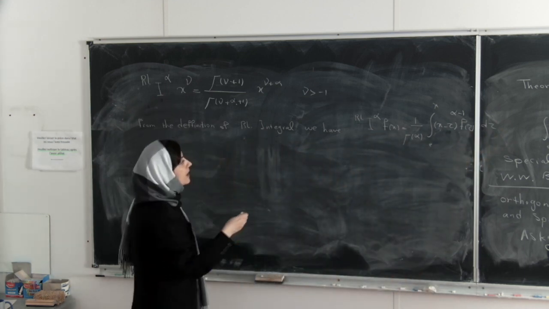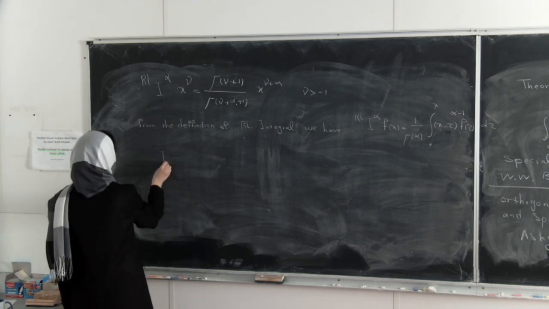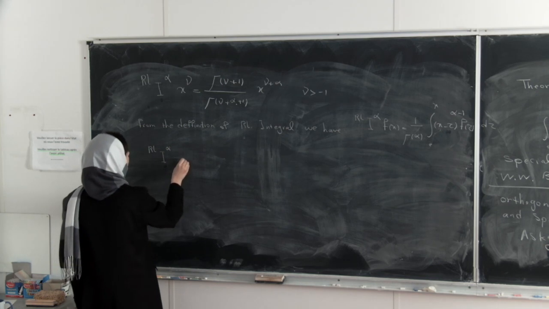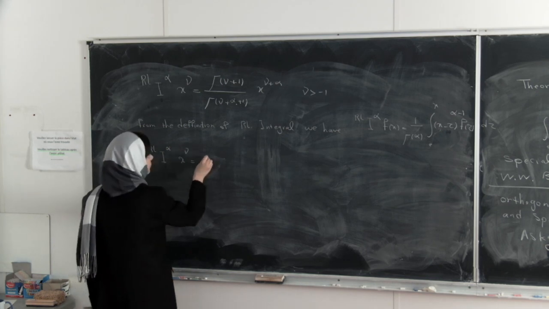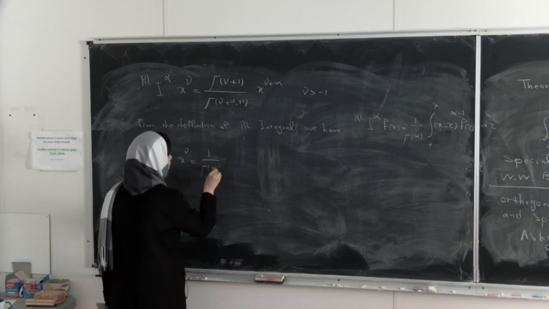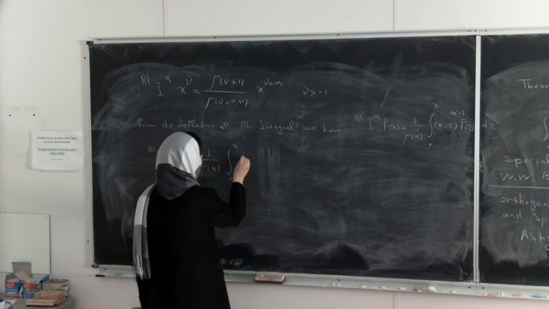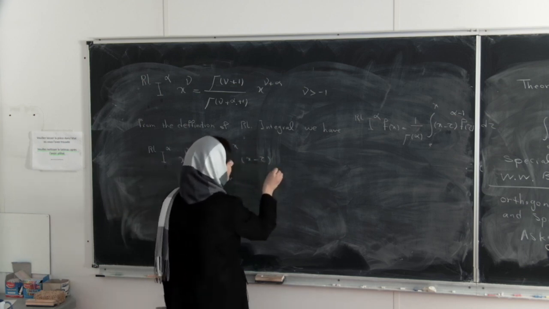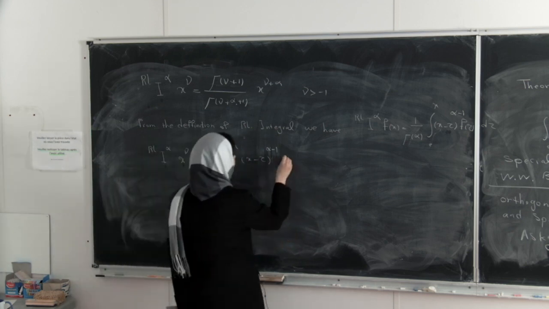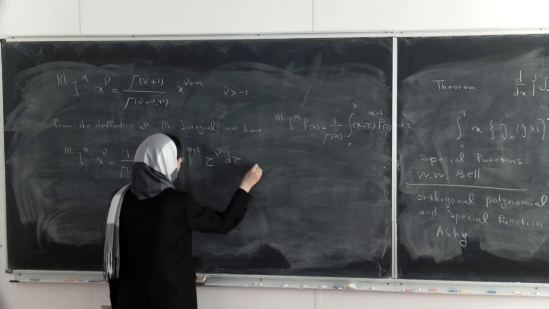Okay, by using this definition, we can write the Riemann-Liouville integral of order alpha of x to the nu as 1 divided by gamma of alpha, integral 0 to x, (x minus tau) to the alpha minus 1, and here we have tau to the nu d tau.